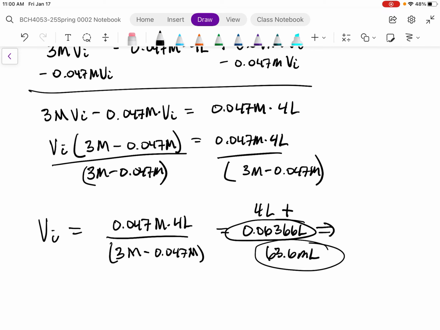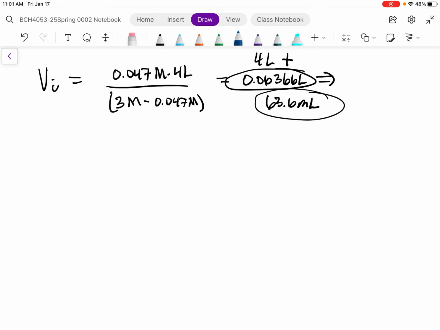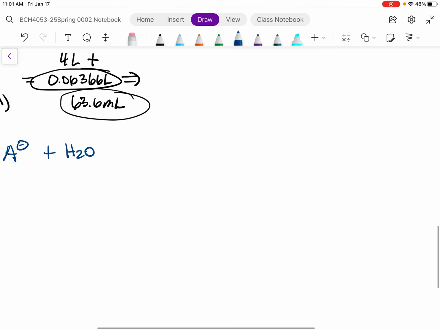Now, a simpler calculation is to not worry about the change in volume. We're going to have the same equation, but this time, instead of using concentration, let's convert all the concentrations into moles.